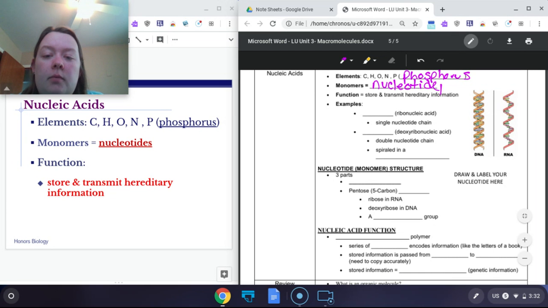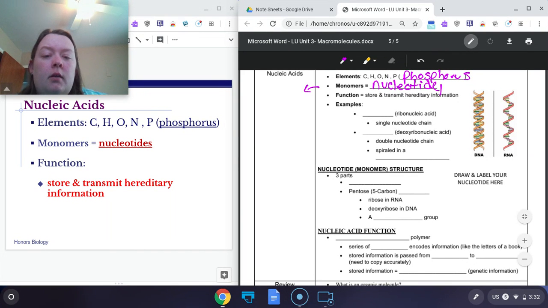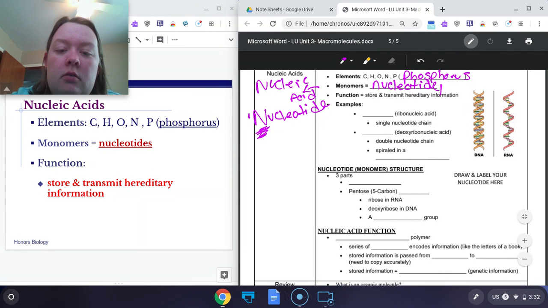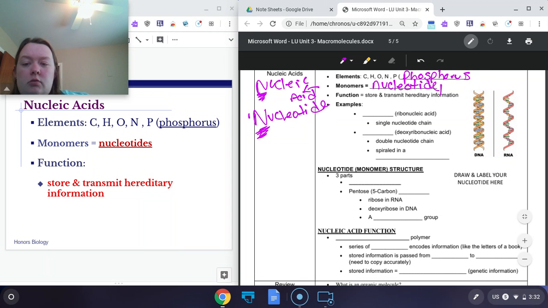The way that you can remember that nucleic acid goes with nucleotide is that they both start with the same letter. So nucleic acid and nucleotide both start with the letter N, therefore they go together.